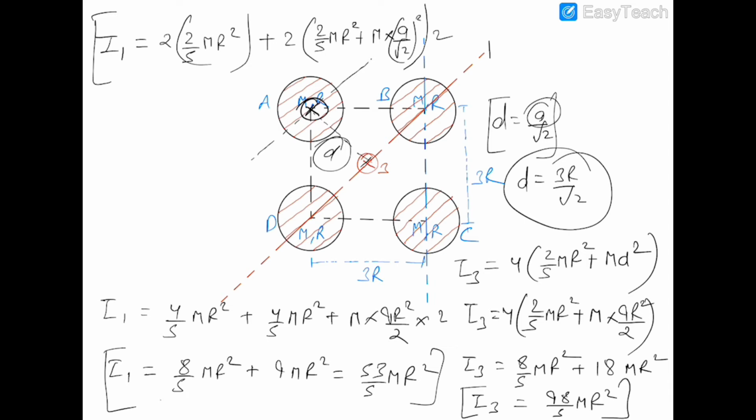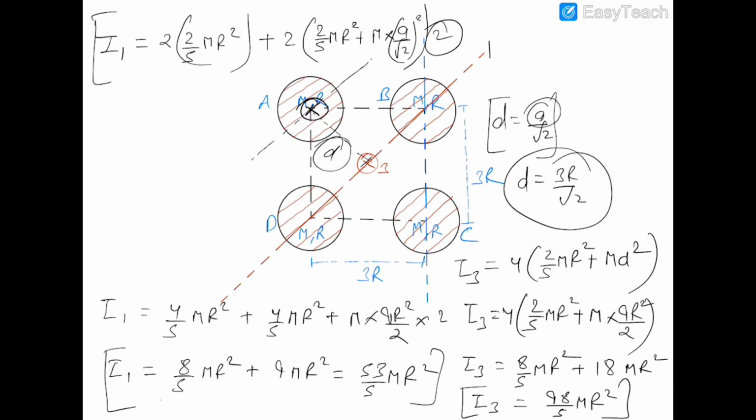So this is the moment of inertia of this system about the axis 3. Now let's find out the moment of inertia of the system about this axis 2.